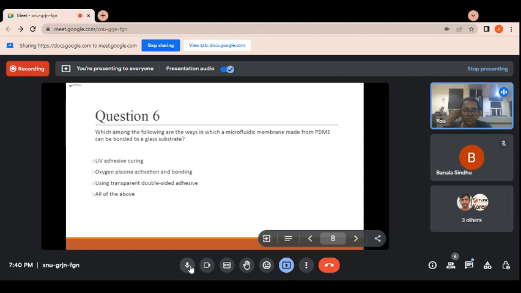Can you tell me, when we fabricate the microfluidic membrane made from PDMS, what is the first stage? How do we fabricate this type of microfluidic device?